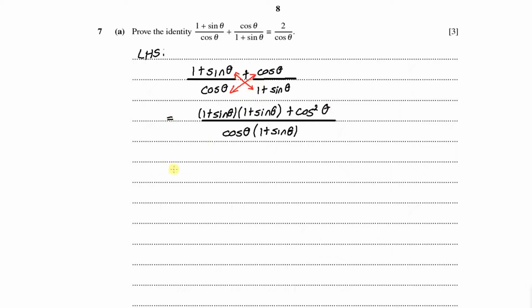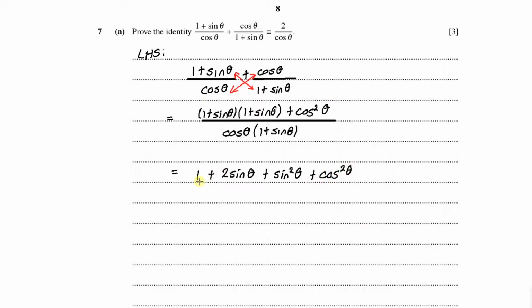So I'll expand the brackets. 1 plus sine theta bracket 1 plus sine theta is going to give us 1 plus 2 sine theta plus sine squared theta. So this is from the expansion, and this is going to be plus the cos squared theta that we have already.